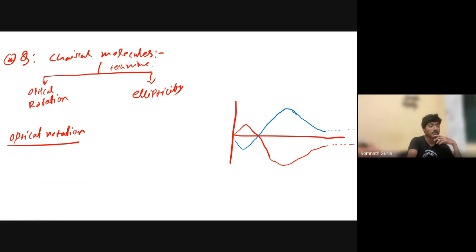And whenever we are doing the optical rotation measurement, we are doing it at one certain point. At that point, we may find no optical rotation. Initially, we don't know the molecule.